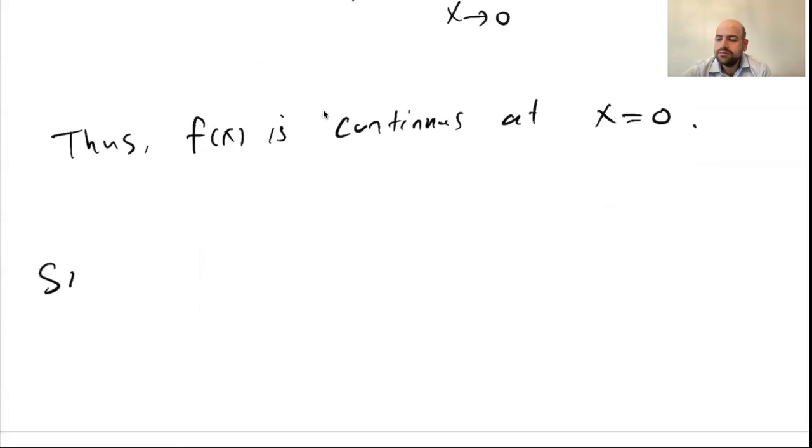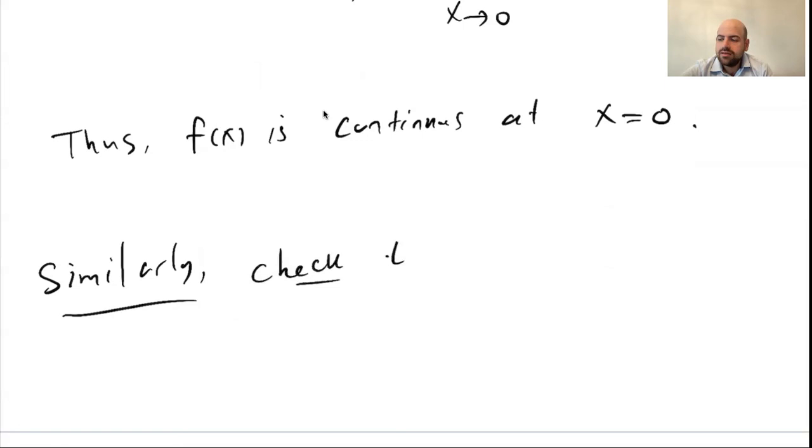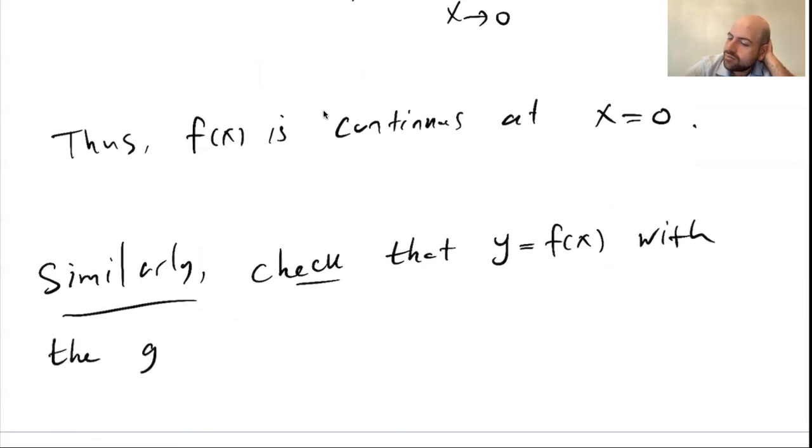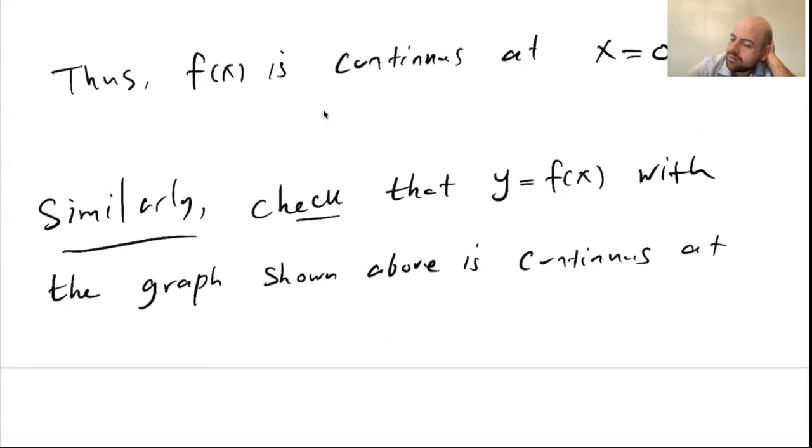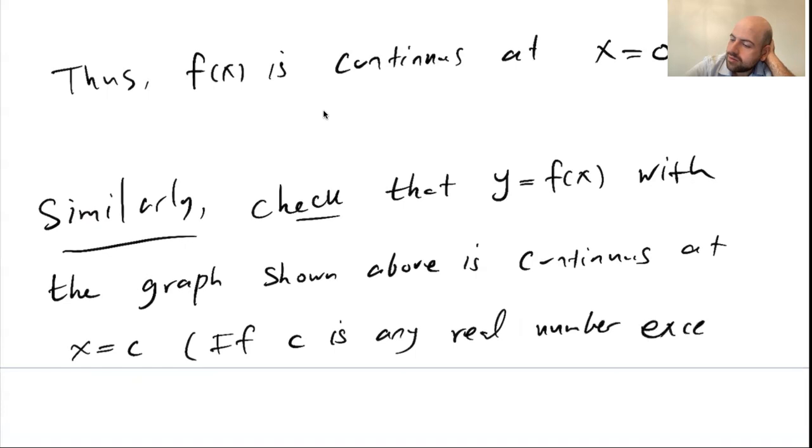Similarly, check that y equals f of x, with the graph shown above, is continuous at x equals c if c is any real number except 2.